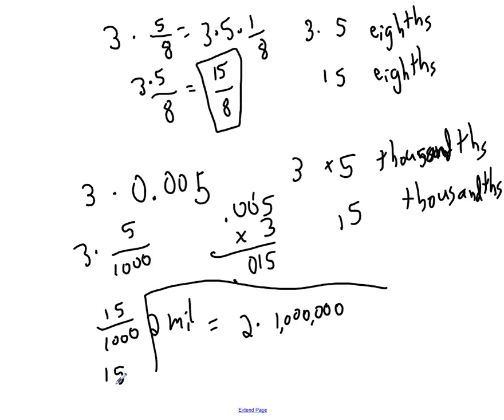So I look at my place value system: ones, then tenths, hundredths, thousandths. So I write 15 in the thousandths place. But I don't just write point 15. How do I fill in that blank with a 0? 0.015.